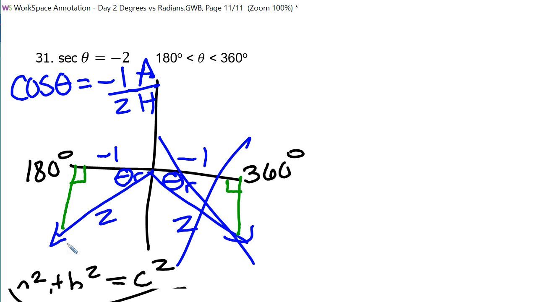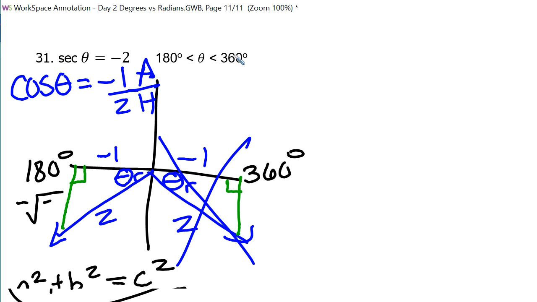And when I subtract 1 from both sides, that gives me that b squared is equal to 3. Take the square root. And b technically could be plus or minus the square root of 3. So you'll have to be careful when you label this side length. Should this be positive square root of 3 or negative square root of 3? Negative. It's below the x-axis, so this should be negative square root of 3.